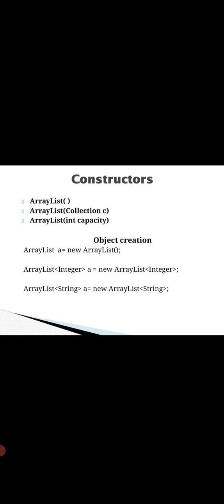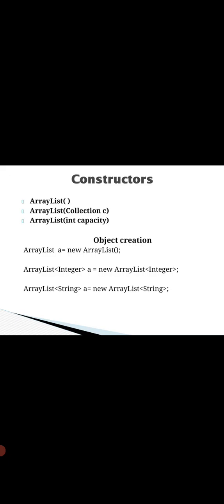ArrayList is a class. To create an object, first we can use the normal method: class name, space, object name equal to new class name. If we need to particularly create an ArrayList of data type integer, then we can specify Integer.